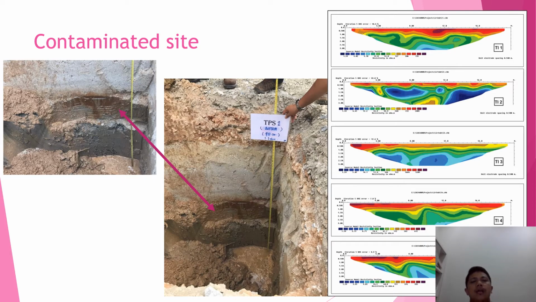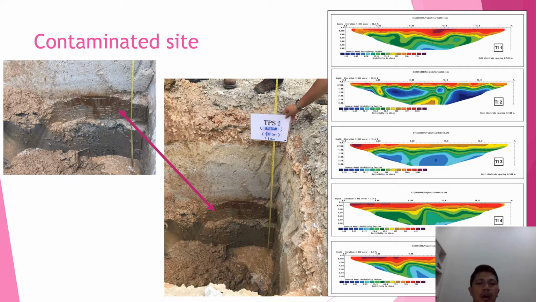This is another site that is contaminated. So we lay out the cable. I think this is from TI, maybe from Teluk Intan. I cannot give the specific name because this is a sensitive area actually.